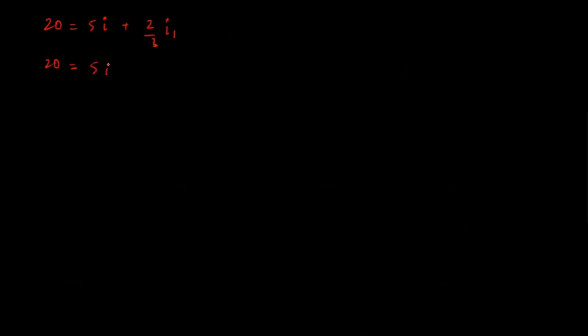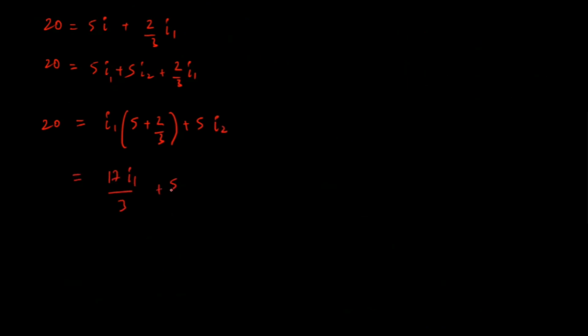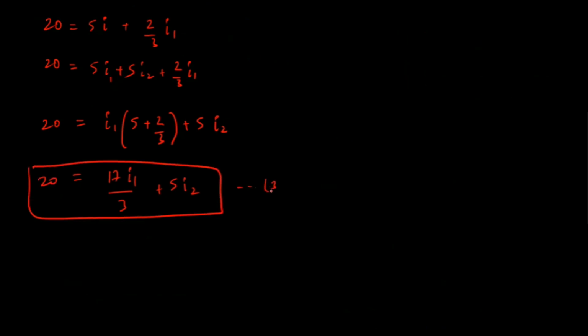It is I1 plus I2. So I can write 20 must be equal to I1 times (5 plus 2 by 3) plus 5 I2. Once we solve this, we get 17 I1 by 3 plus 5 I2. This is my third equation, which needs to be solved.